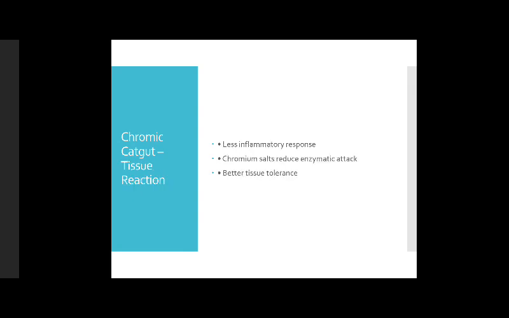Now, tissue reaction for chromic catgut: less inflammatory response. Chromium salts reduce enzymatic attack, giving better tissue tolerance. This is the tissue reaction for chromic catgut.